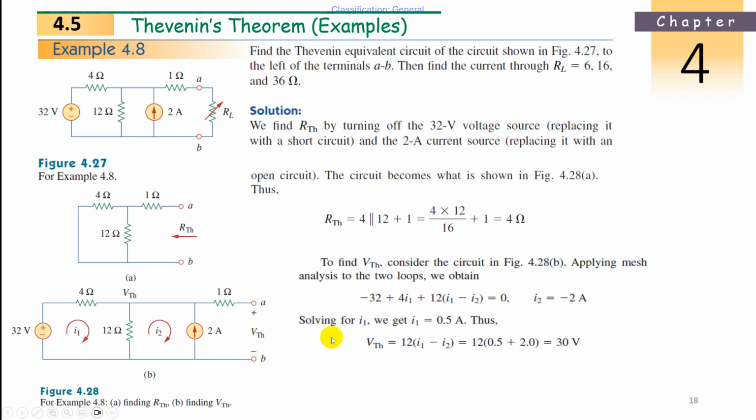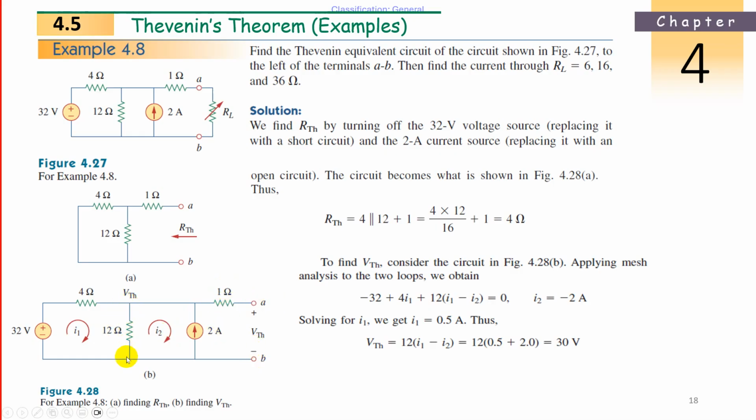Now, when you solve these two equations, I2 is known, so I1 will be 0.5 amperes. It will come if you substitute here. You can do it that way. So now what is V Thevenin? V Thevenin is nothing but the voltage across this 12 ohms resistance. In this 1 ohm resistance, there is no current flowing because of the open circuit.